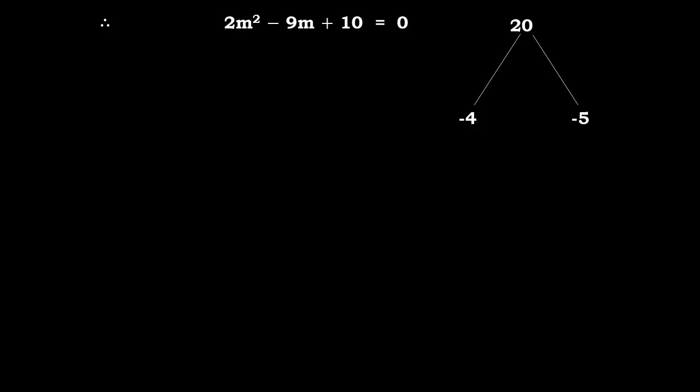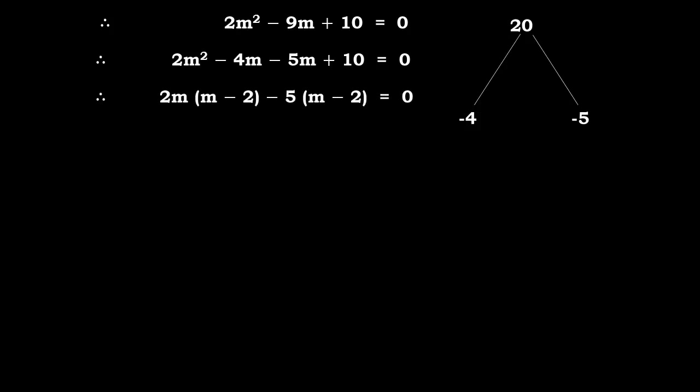So we can write, split the middle term: 2m² - 4m - 5m + 10 = 0. From the first two terms we can take 2m common, in bracket m - 2. From the next two terms we can take -5 common, in bracket m - 2 = 0.